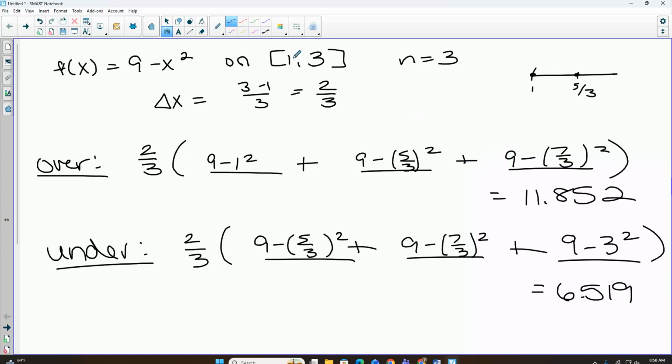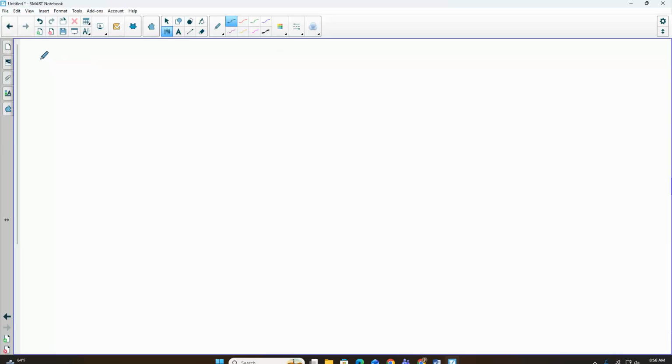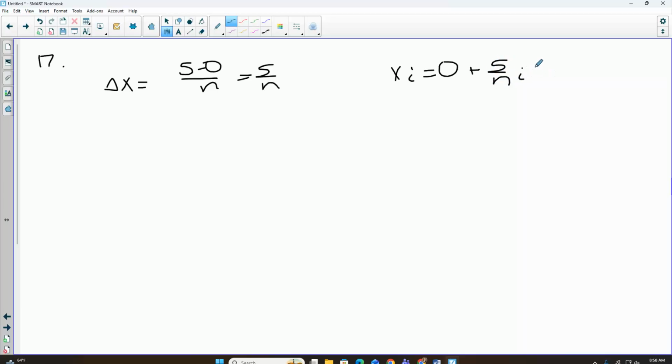All right, number 17. We are doing the integral, but I told you have to do it by the limit of the sum. So first, we need our change in x. We're going from 0 to 5, so 5 minus 0 divided by n rectangles would be 5 over n. X sub i, we're starting at 0, we're going up by 5 over n times i, so 5 over n i.